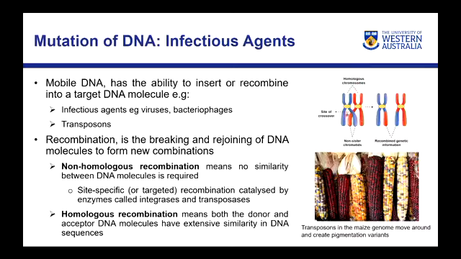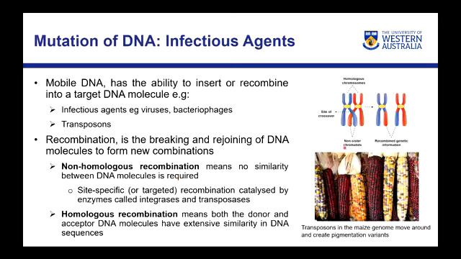And so what you can get is a crossover of these chromosomes, this part over here, and then you get combined genetic information. You can see that this chromosome has a bit of red and this one has a bit of blue. Non-homologous recombination means no similarity between DNA molecules is required.